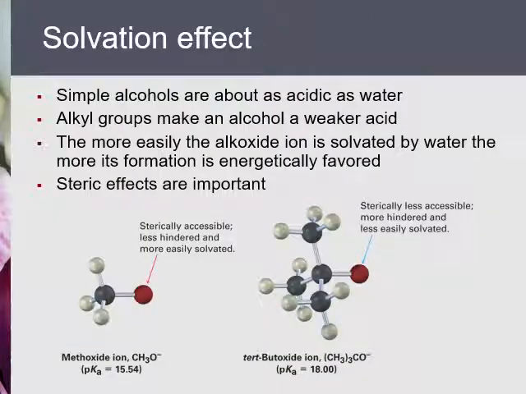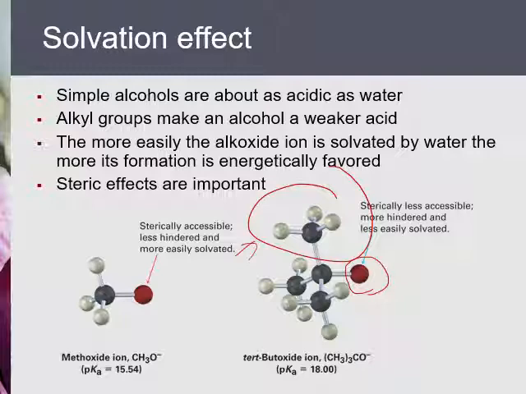On the table in the last slide, we show that electronegative atoms such as nitrogen and fluorine make alcohols stronger acids. On the other hand, alkyl groups make alcohols weaker acids. You can think of these alkyl groups as electron donating groups. They donate electrons to make the oxygen more negatively charged, and therefore make the anion less stable, so alcohols become weaker acids.